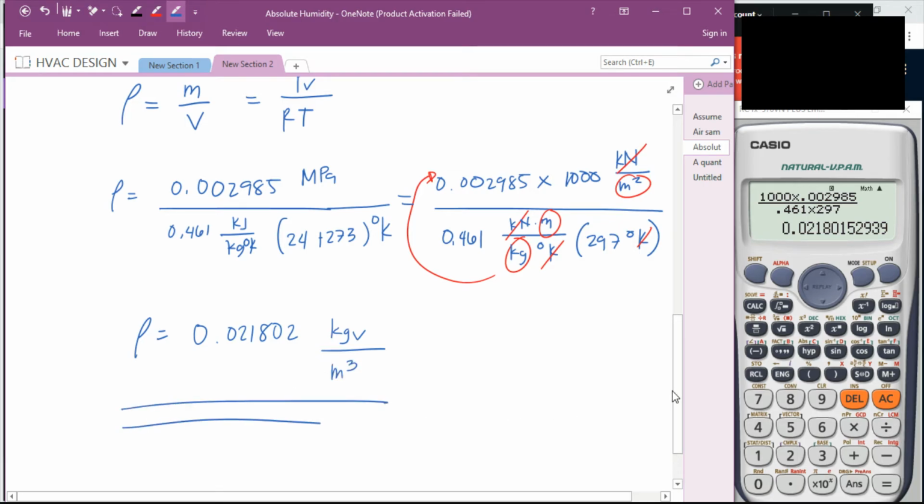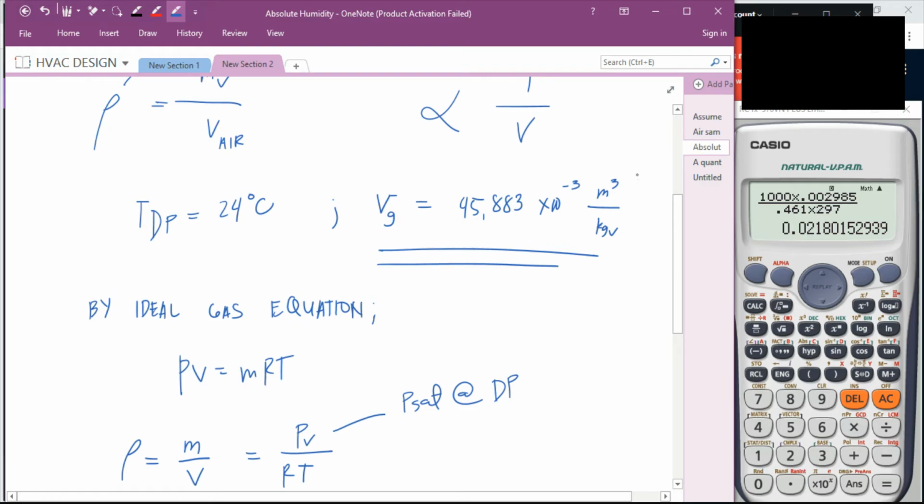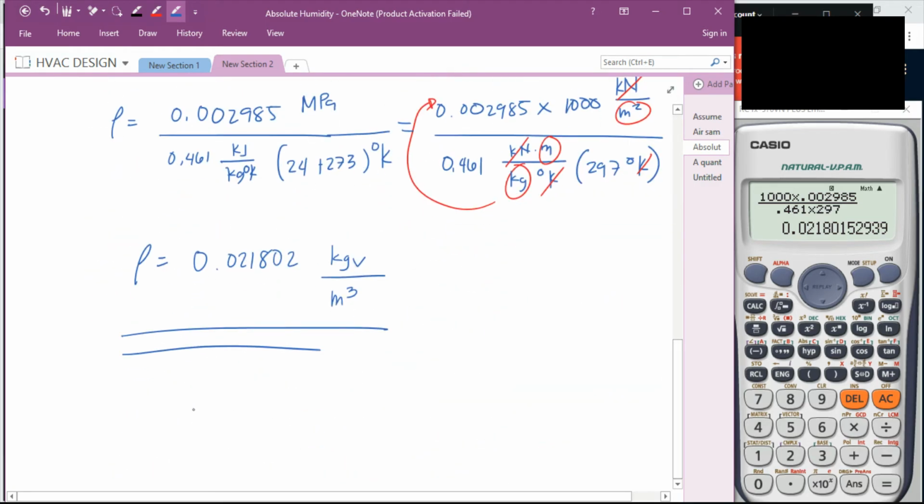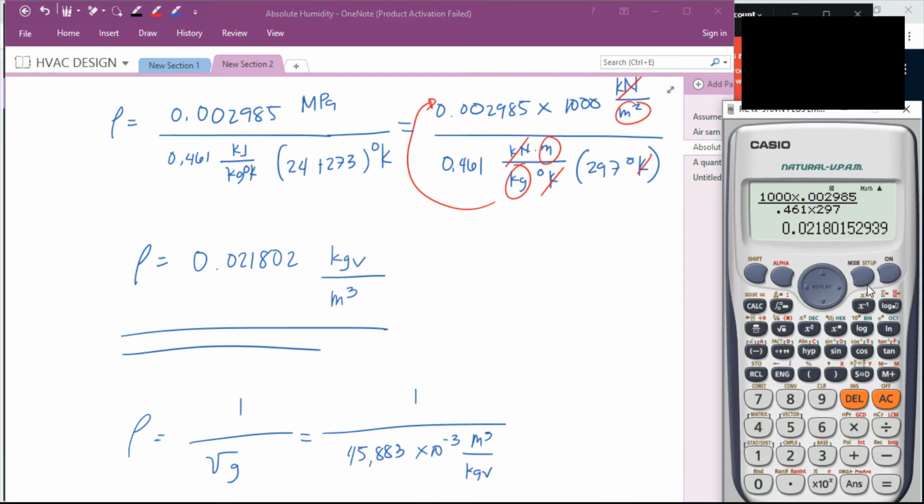Okay. Tignan naman natin, ang sabi kasi, the absolute humidity is the reciprocal nito. Kung yan yun, check natin yung nasa taas. 1 over vg, 1 over 45.883 times 10 to the negative 3 meter cube per kilogram vapor. Check natin kung i-equal siya.